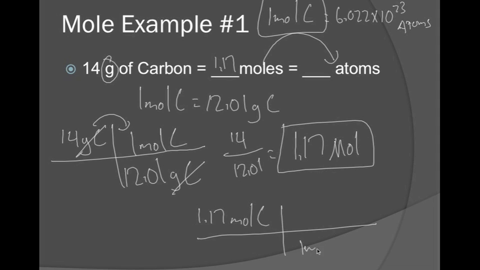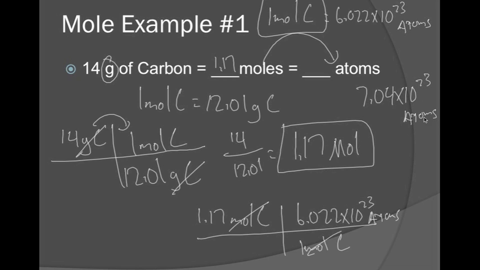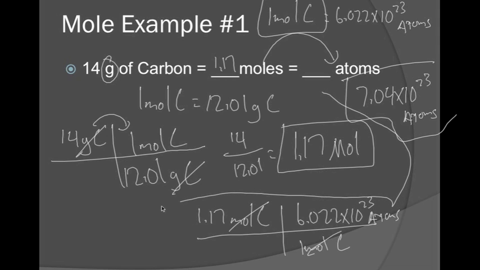So we put 1 mole of carbon on the bottom, and we put 6.022 times 10 to the 23rd atoms on top. Since moles is in the numerator and the denominator, they cancel each other out. We go ahead and multiply this out, and we would get 7.04 times 10 to the 23rd atoms of carbon. Okay, kind of jumbling on that, but hopefully we can see the work that we did.